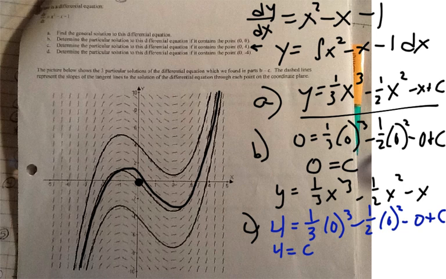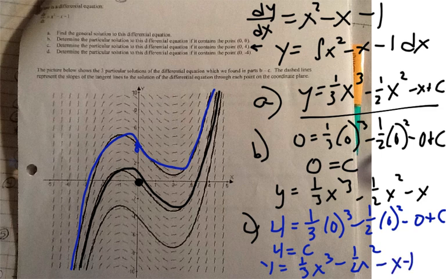Now 0, 4 is up here on the graph, so that's showing you this particular solution, which the equation would be y equals 1/3 x cubed minus 1/2 x squared minus x plus 4 for C.